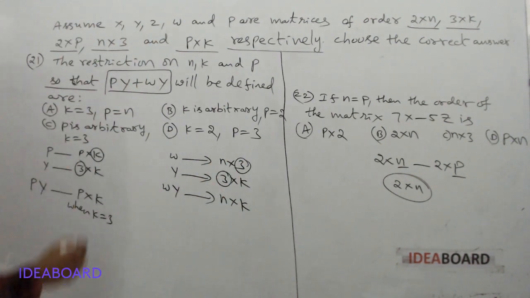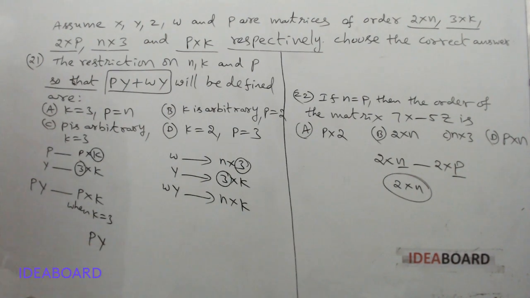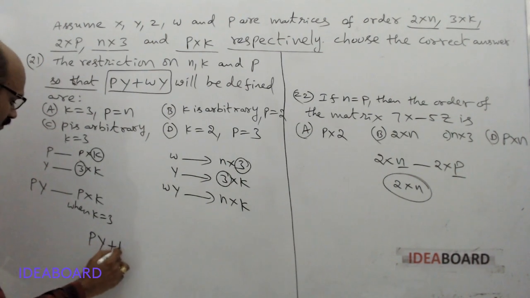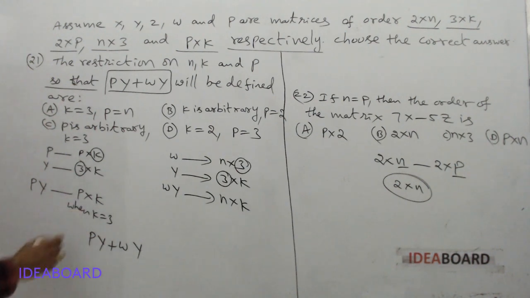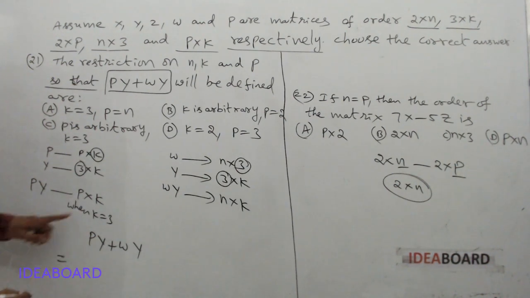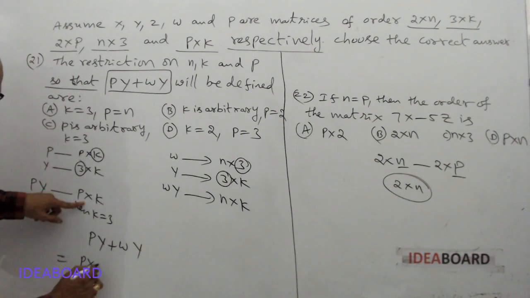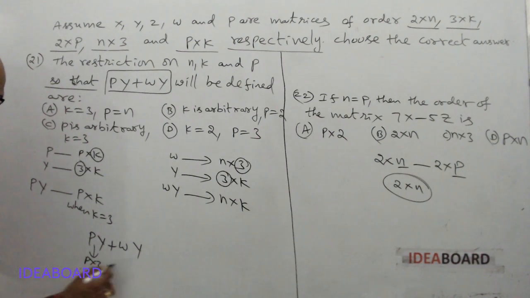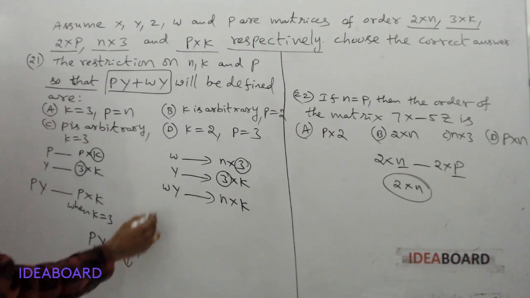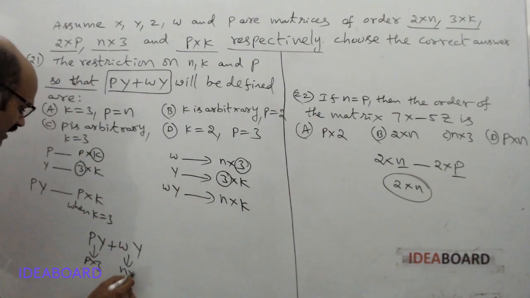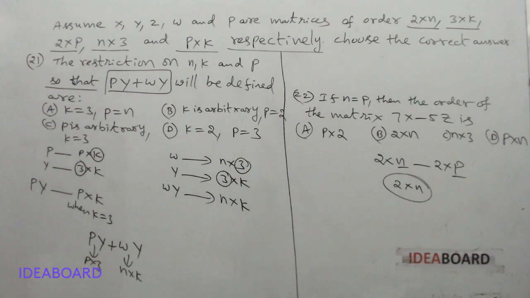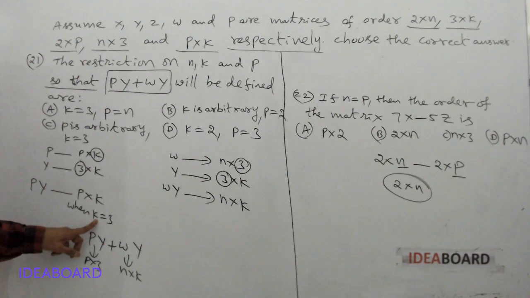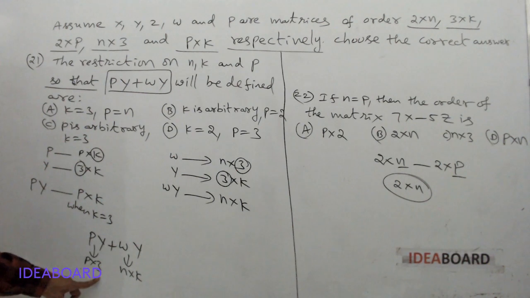Now we have to find the sum PY plus WY. When k equals 3, the order of PY is p by 3, and the order of WY is n by k. Already we have k equal to 3 here.